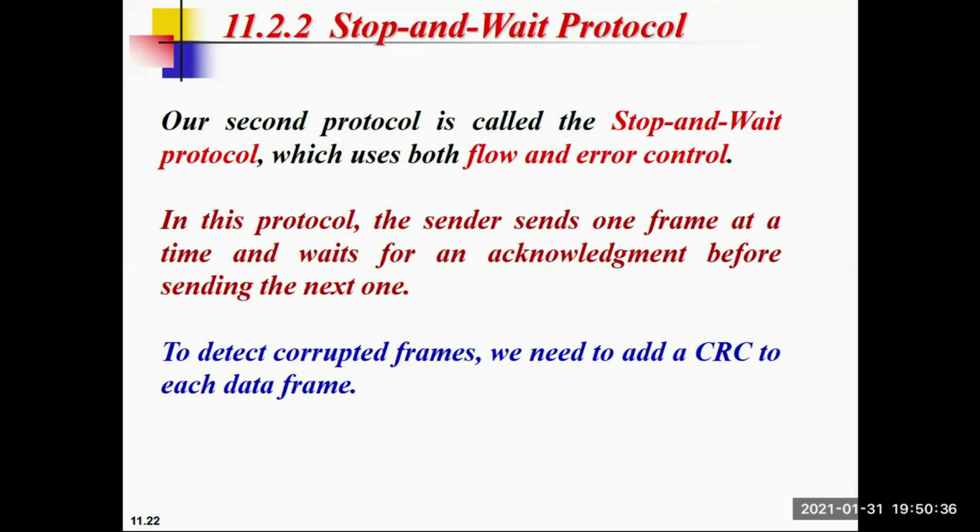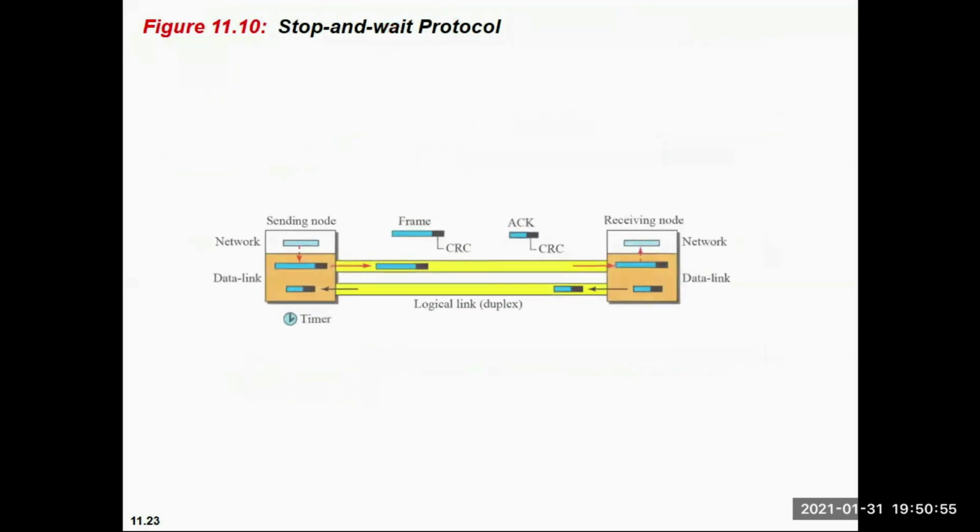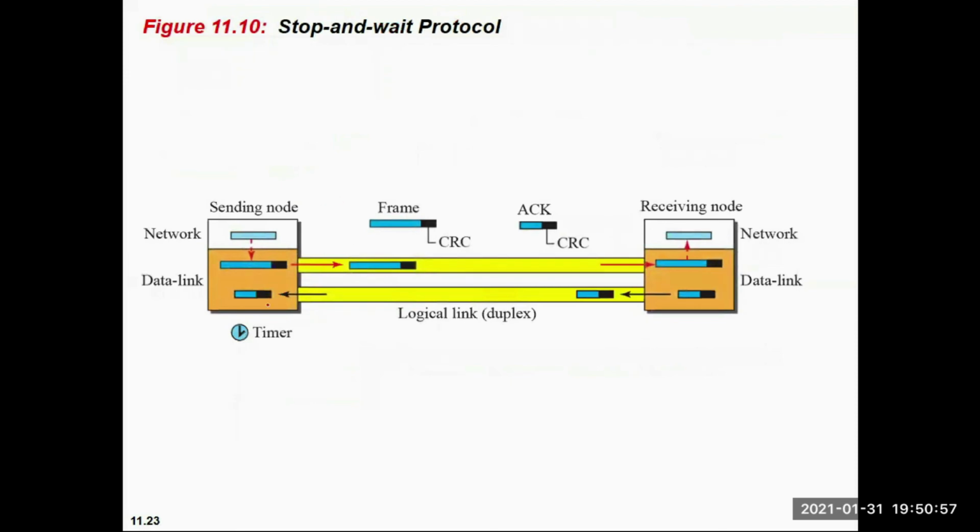To detect corrupted frames, we need to add a cyclic redundancy check, CRC, which we have seen in the previous lecture, to each data frame. Now we will see using a block diagram how this stop and wait protocol works. Basically, in this block diagram, your data is there at the network layer.